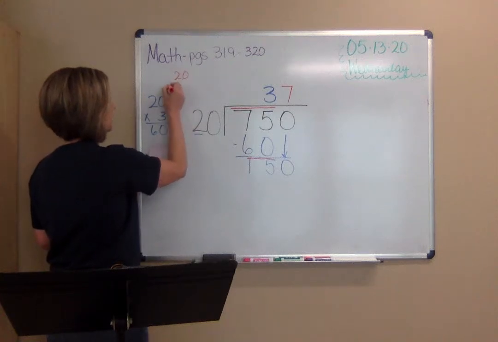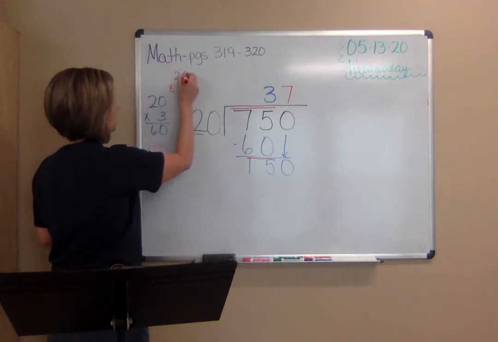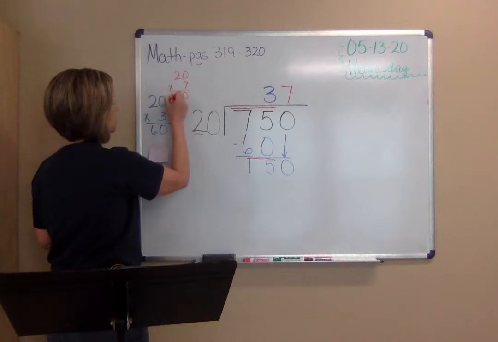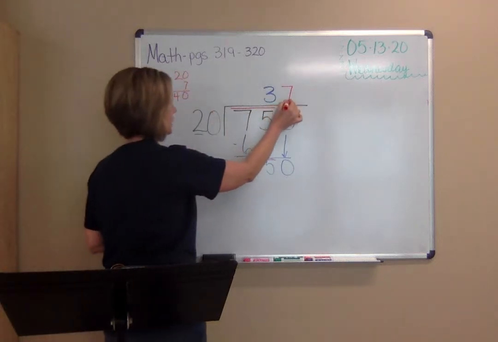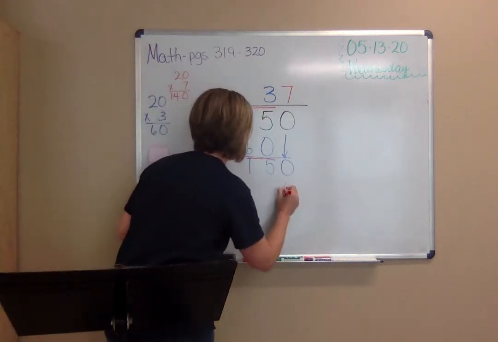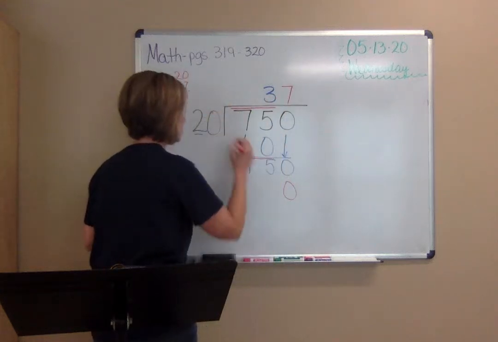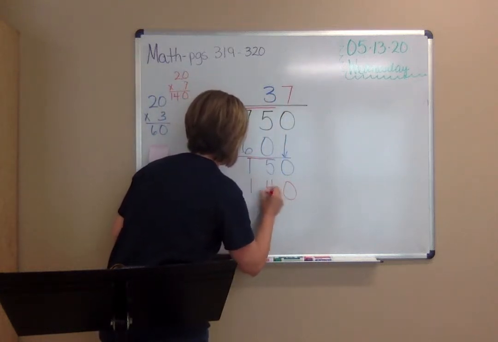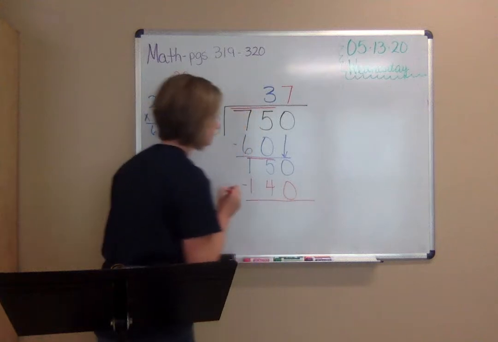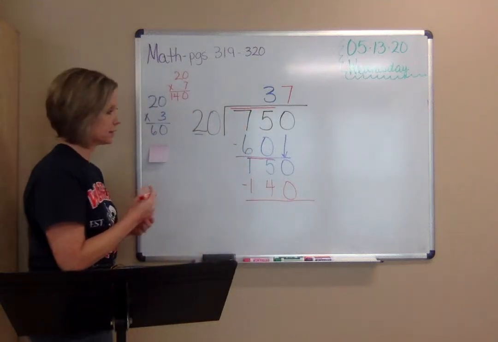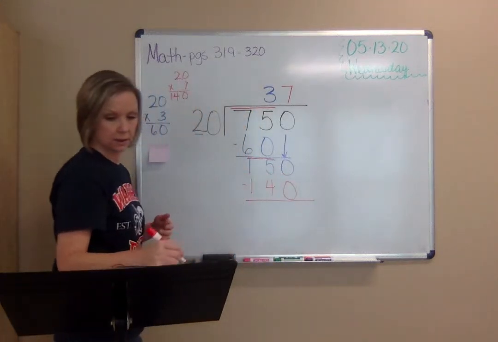You can do whichever step you want. 20 times 7: 7 times 0 is 0, 7 times 2 is 14. Or you can say 7 times 0 equals 0, 7 times 2 equals 14. However you want to do that is fine. And then you subtract.